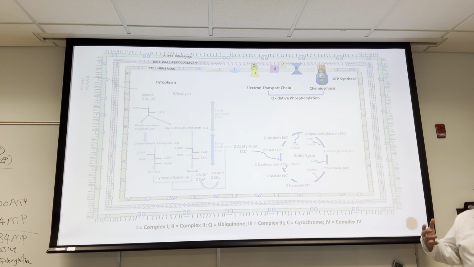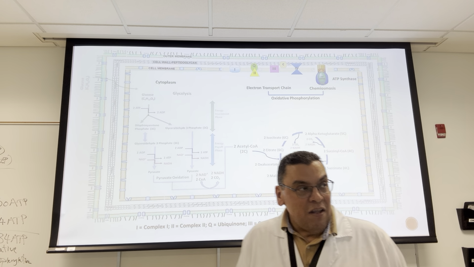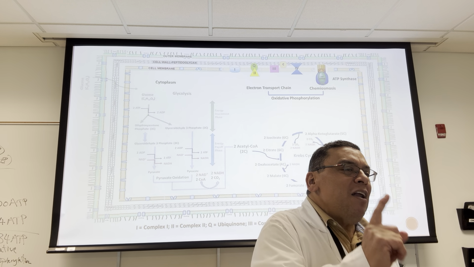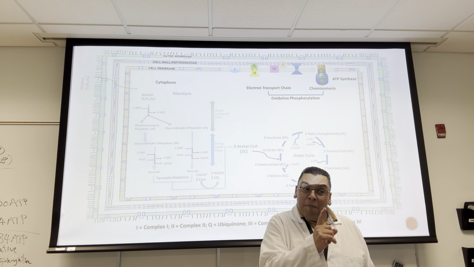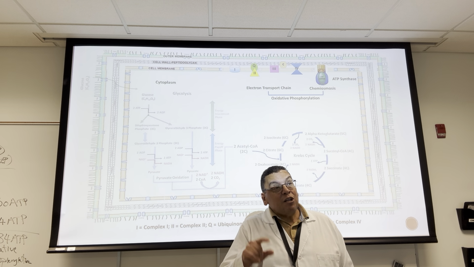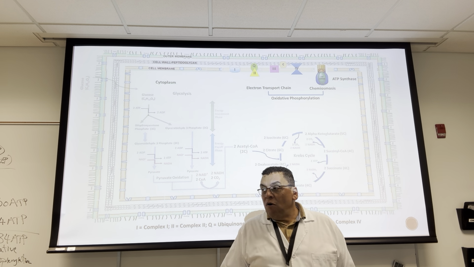Now notice where this machinery is. In bacteria, it's in the cell membrane. What about in our cells? It's in the inner membrane of the mitochondria. Oh, wait a minute, that should ring a bell. Could I use that as supporting evidence of endosymbiosis? Of course I can.